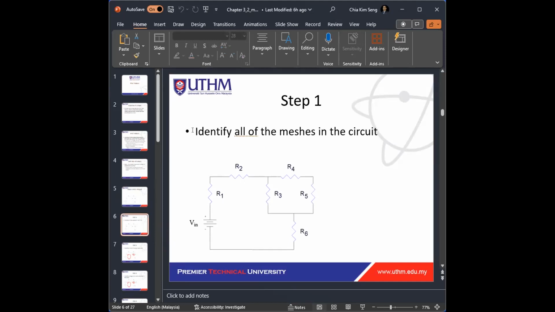So step 1, identify all of the meshes in the circuit. So how do we identify? The mesh is something like you see in this diagram, the I1 and I2. In other words, in this circuit we only have 2 unknowns in terms of the current, that is I1 and I2. First, of course, we fix the current flow direction. As you can see in the slide, it will be clockwise.